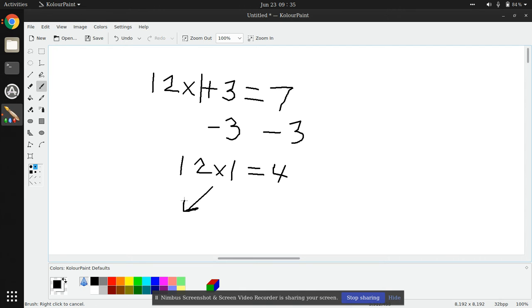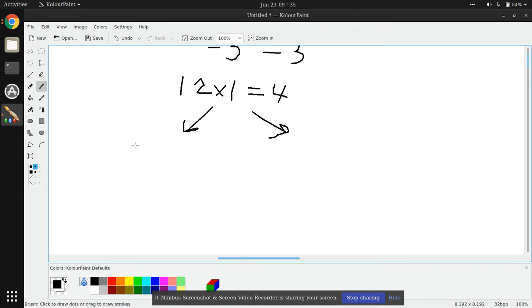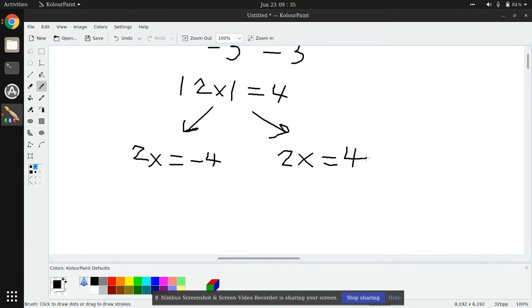Now we can split this into two separate equations. The first equation will be 2x equals negative 4, and the second equation is 2x equals positive 4.